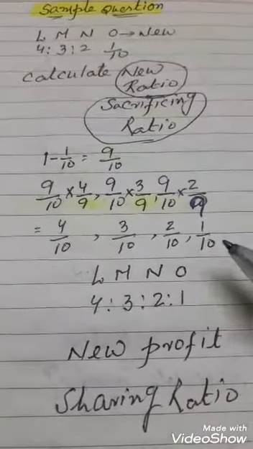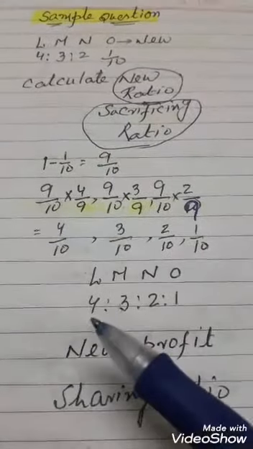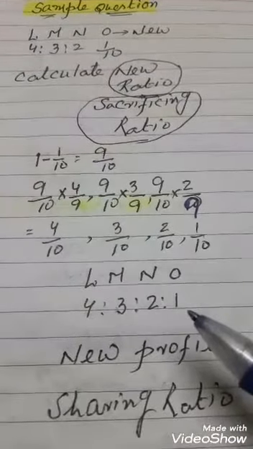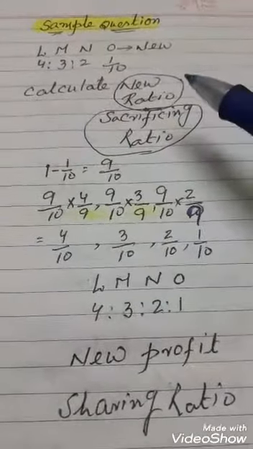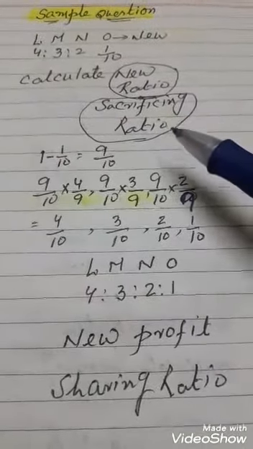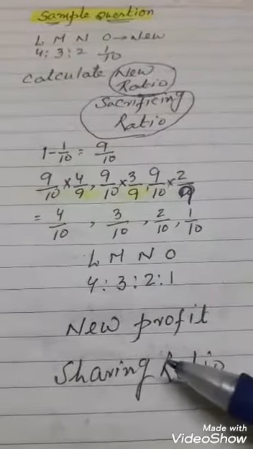Take the LCM. The new ratio is 4, 3, 2, 1. So this is the way I already told you how to calculate the new ratio.